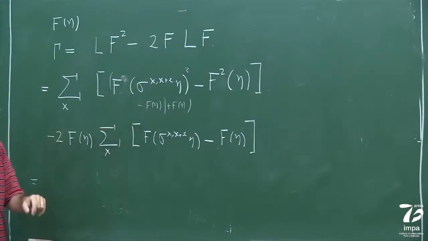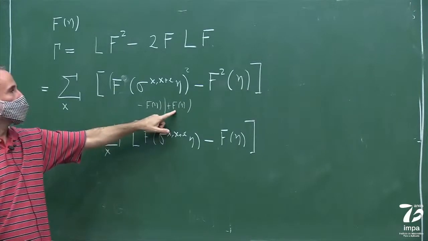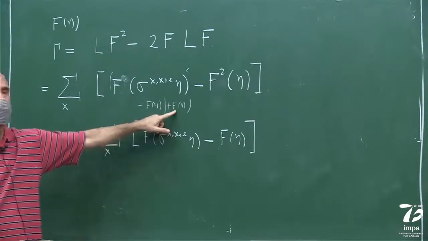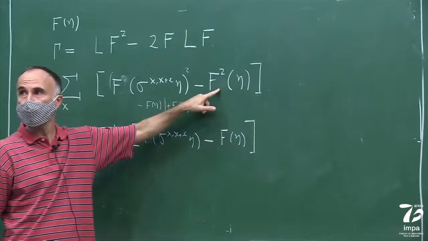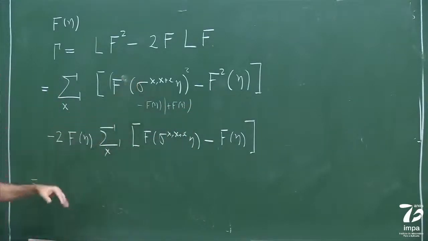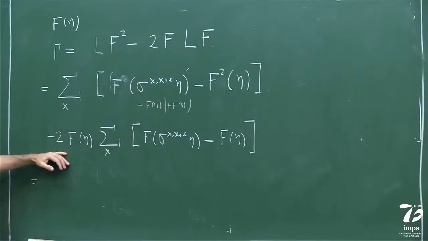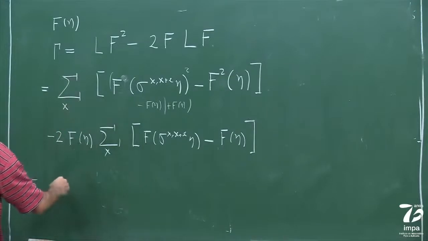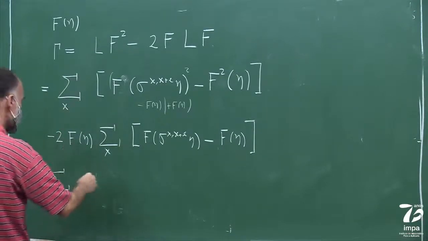Then you get plus f squared, but this will cancel with this one. And then plus 2 times f times this difference, but this is exactly that.